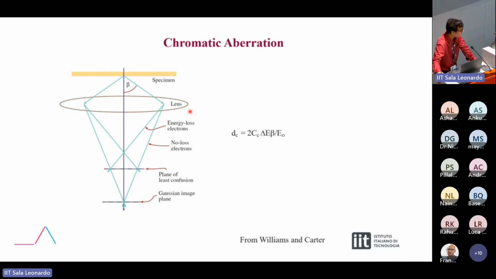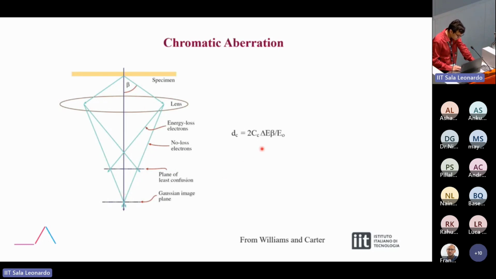Depending on the energy, if your electron is moving faster, it's going to be less affected by the lens, and it's going to be focused farther. And if your electrons have less energy, then they are going to be strongly affected by the lens, and they are going to be brought to focus before the Gaussian image plane. So this is how the chromatic aberration works.